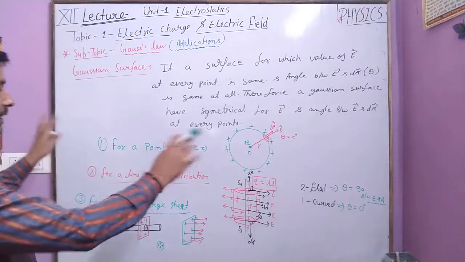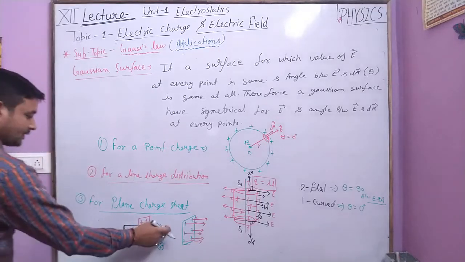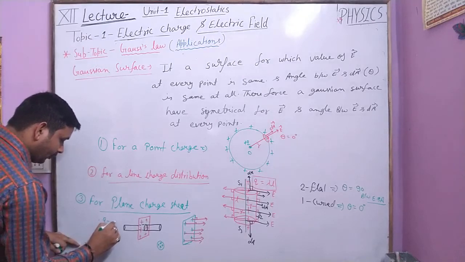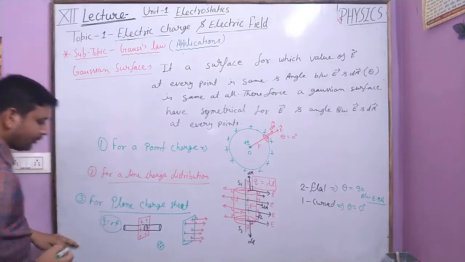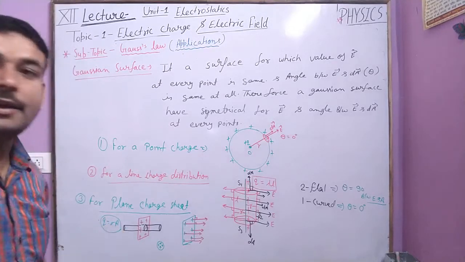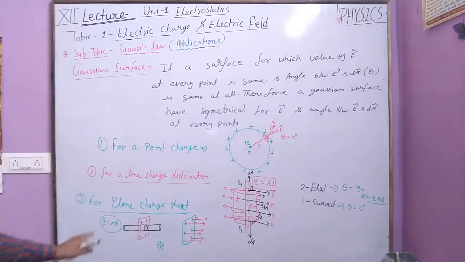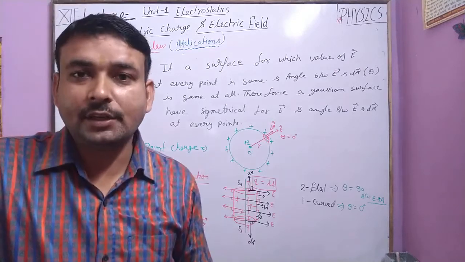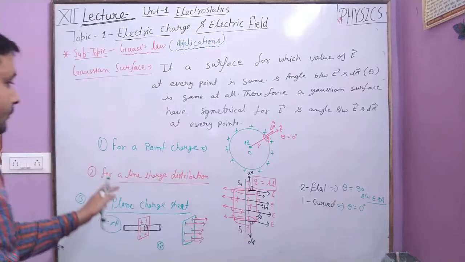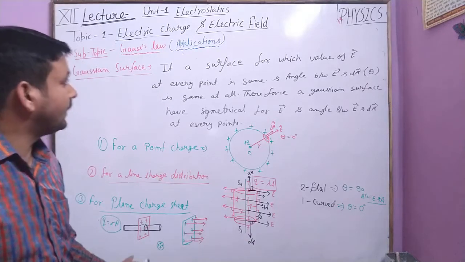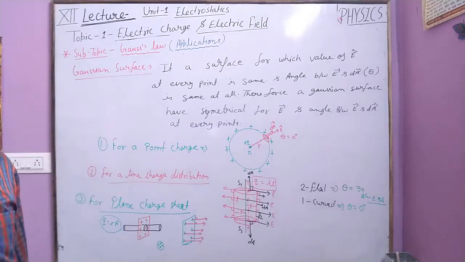So these are some situations, and for this kind of surface you have charge equal to sigma A, where sigma is the charge density and A is the area of the surface. So these are some special Gaussian surfaces for which we can calculate the value of electric field.